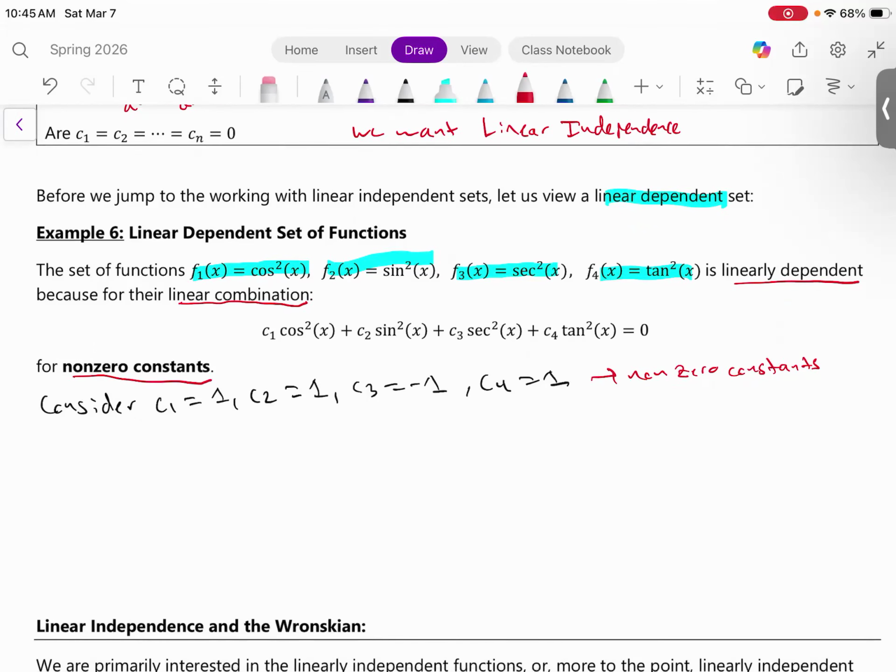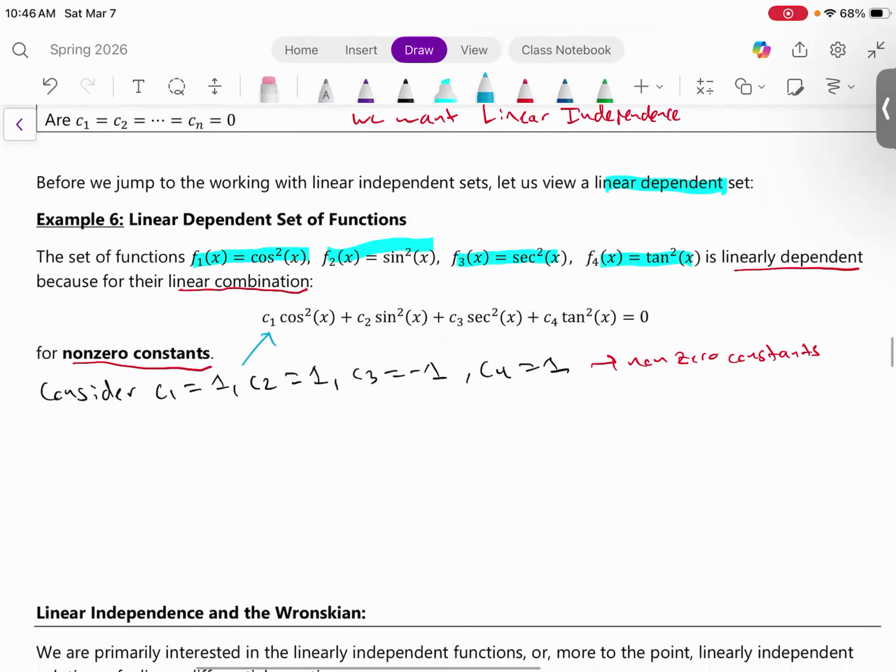I'm just going to plug these into the equation up top. So we'll get cosine squared x plus sine squared x minus secant squared x because of that -1, and then plus tangent squared x. Let me not write 0 yet. How does this equal 0?